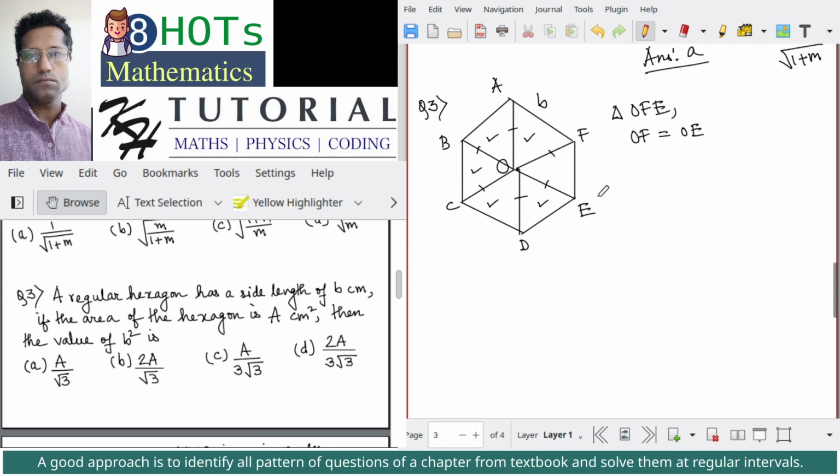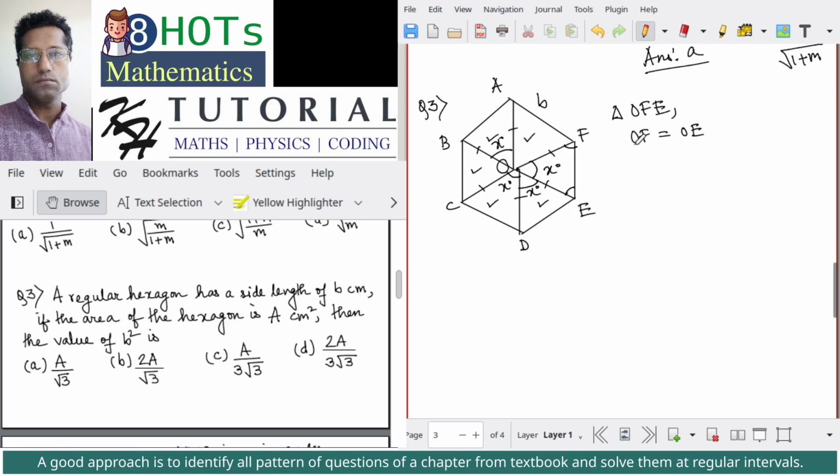Now consider this particular case. If OF is equal to OE, then these two angles must be equal. Now, for this particular regular polygon, which is a hexagon, the sum of all the angles around the point O is 360 degrees. So let's say this angle be x degrees, this will also be x, this will also be x degrees, this will also be x degrees.